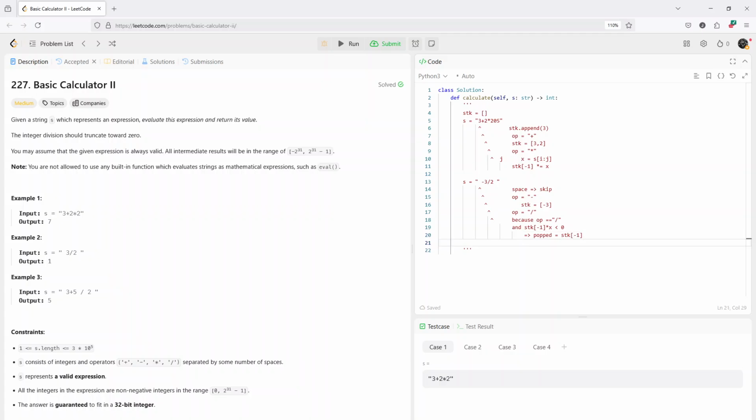Then we take the absolute value of popped divided by the absolute value of x, and then we do minus 1 times all this. That way we do 3 divided by 2, which is the 1, and then put the negative. So this will be negative 1 instead of negative 2.